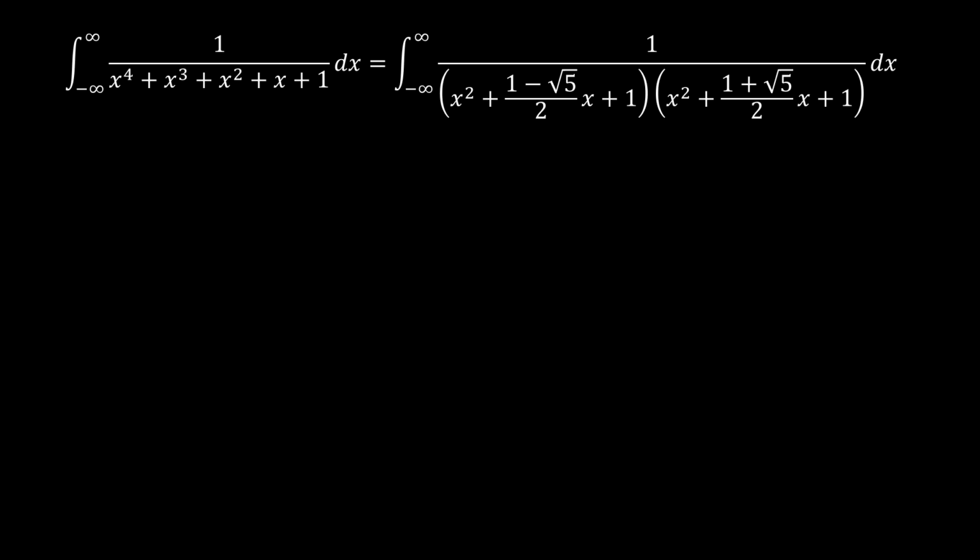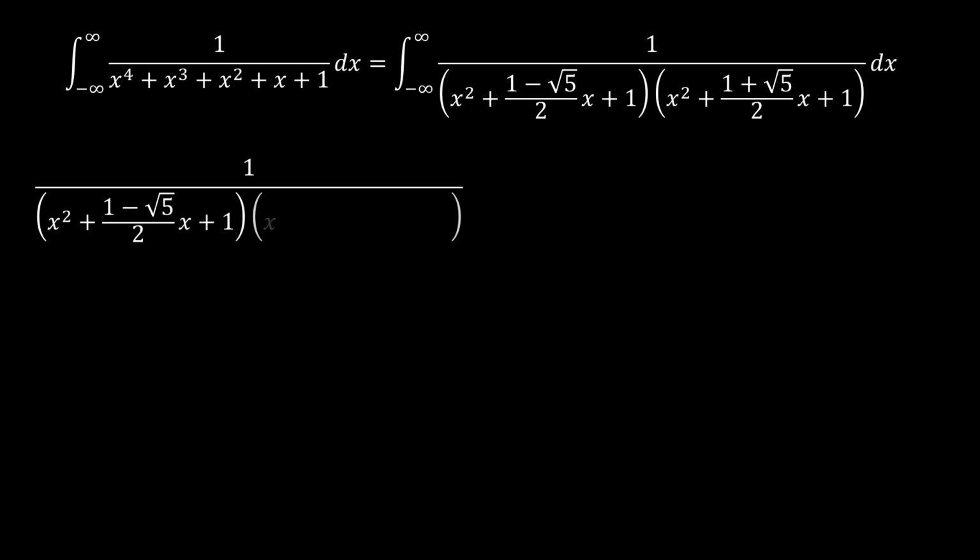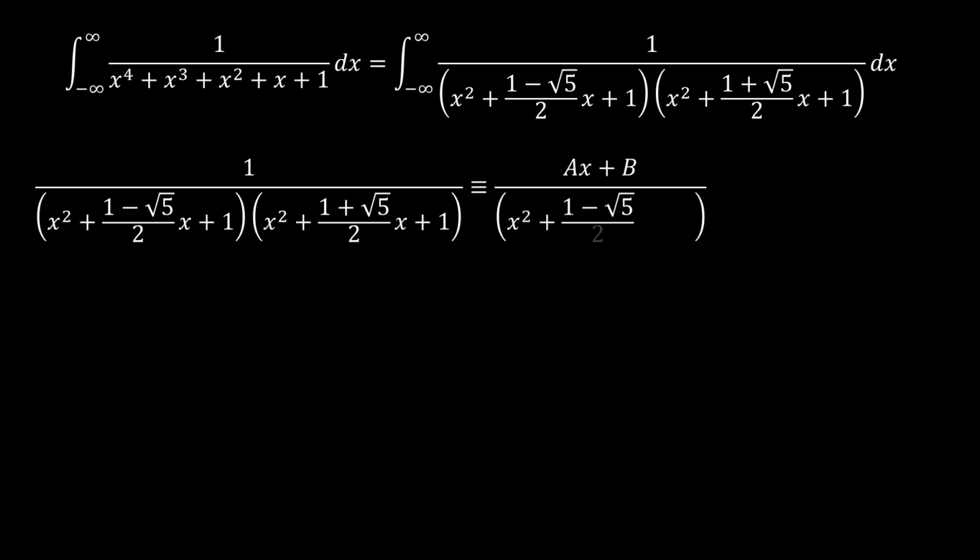Now, when expressing partial fractions, obviously we have unknown constants that we're going to create, A, B, C, and D, such that the numerator is a polynomial of 1 degree less than the denominator.